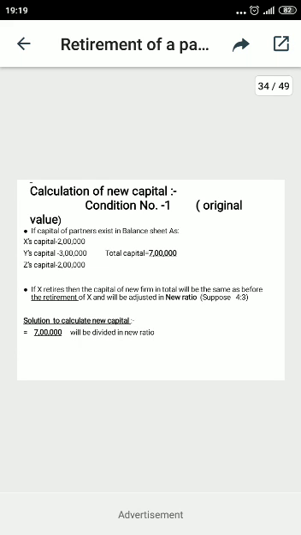If X retires from the business and the capitals of the new firm will remain as before the retirement, the word 'before' refers to the original value in the balance sheet. The value in the balance sheet is 7 lakh.